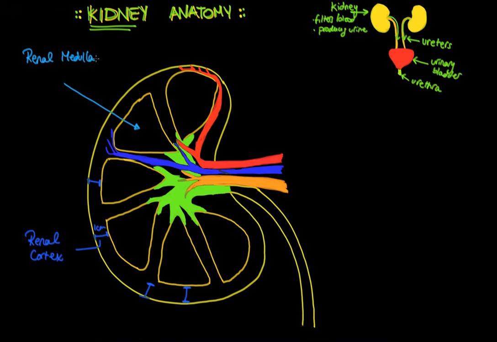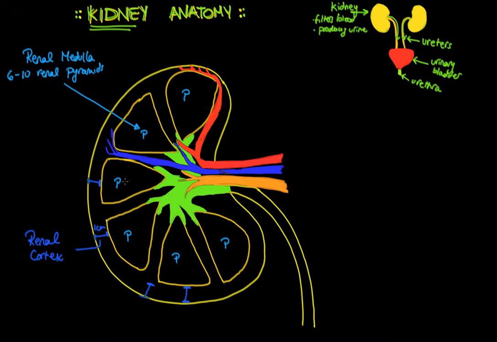What you'll also notice in this medulla is that we have these triangular structures. And so these triangular structures, we refer to them as the renal pyramids. And a kidney typically has around 6 to 10 renal pyramids. All right, so I'm going to label P for each of those pyramids so that you can see it more clearly in this cross-sectional view.